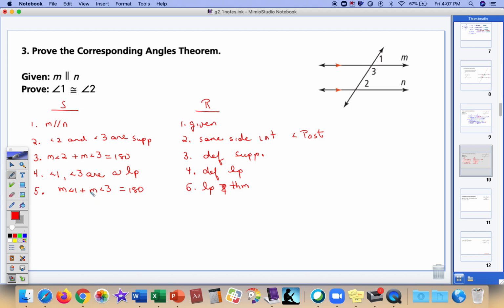Okay. So now we have the measure of 2 plus 3 is 180 and 1 plus 3 is 180. So we can use the transitive property, right? And we can say that the measure of angle 1 plus the measure of angle 3 is equal to the measure of angle 2 plus the measure of angle 3, which is the transitive property of equality.